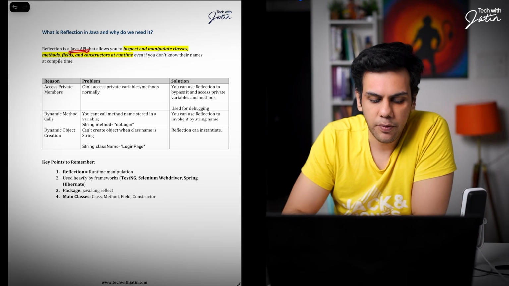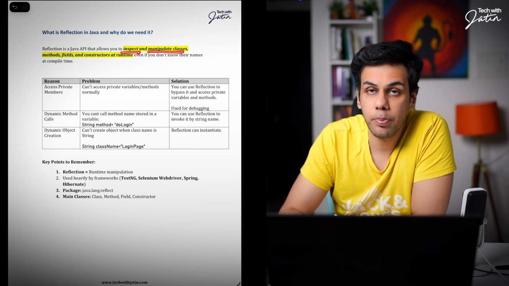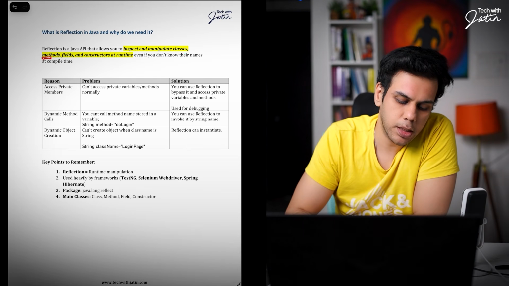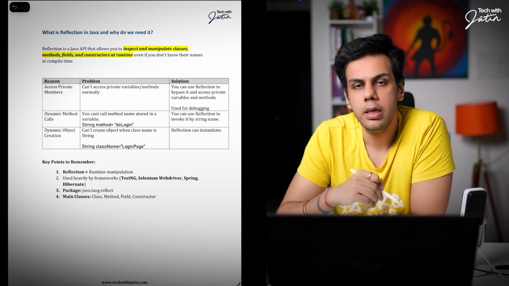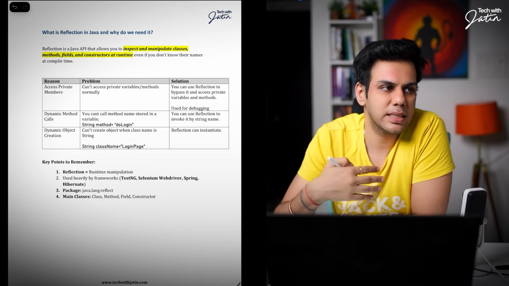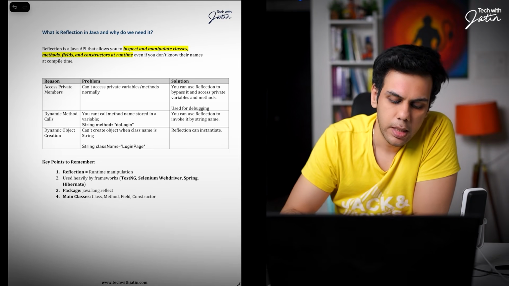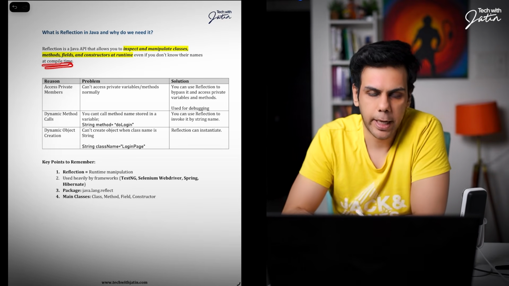Reflection is a Java API that allows you to inspect and manipulate classes, methods, fields, as well as constructors at runtime. So dynamic manipulation of all the class entities is possible, even if you don't know their names at compile time.